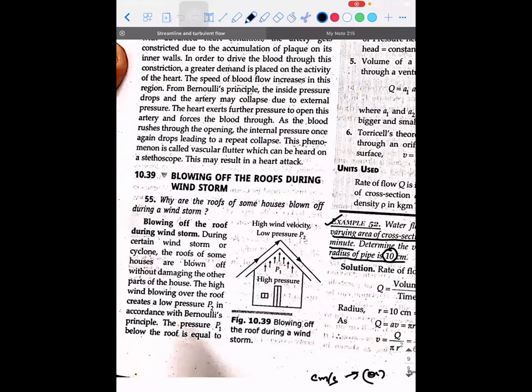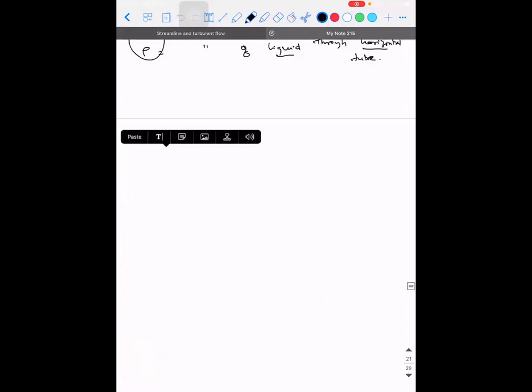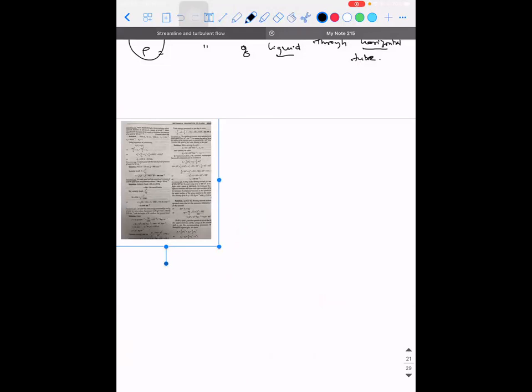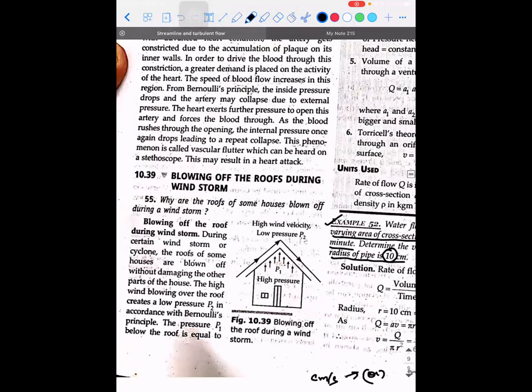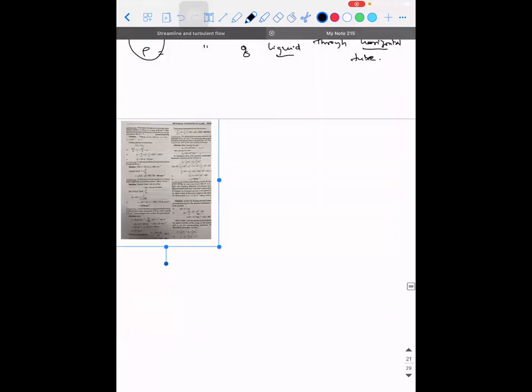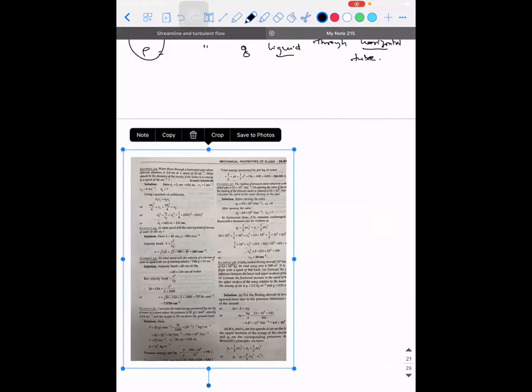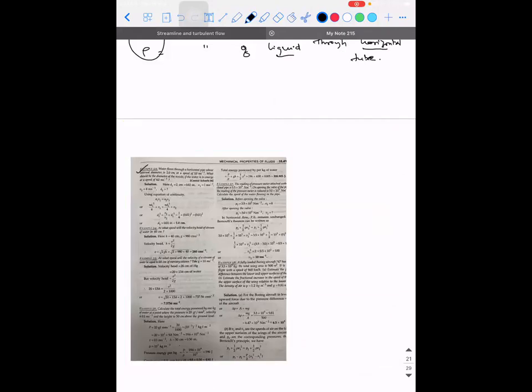One minute, will you show that example? Okay, sir. Thank you. So we'll do two more problems and then we can wind up. But this Bernoulli's theorem is over. So let's do example number 53 and 56.